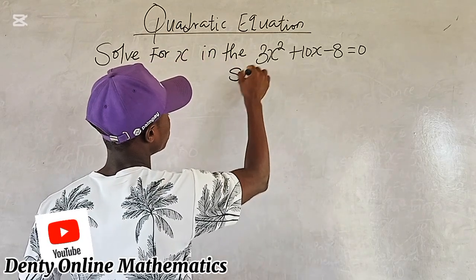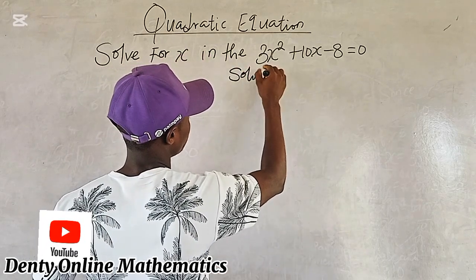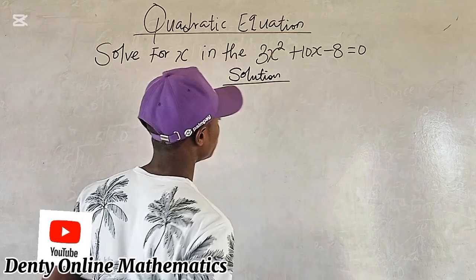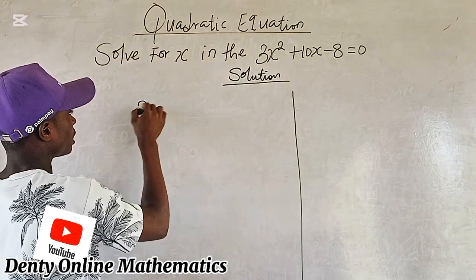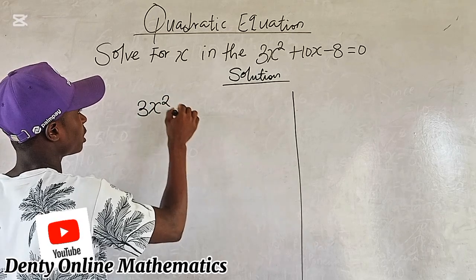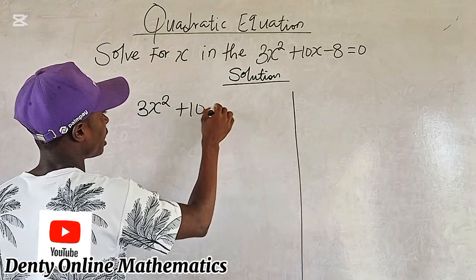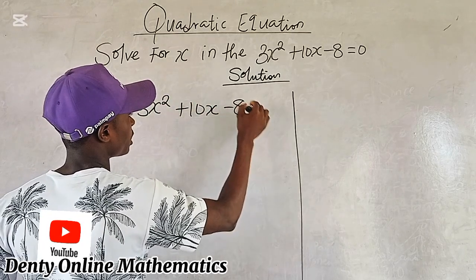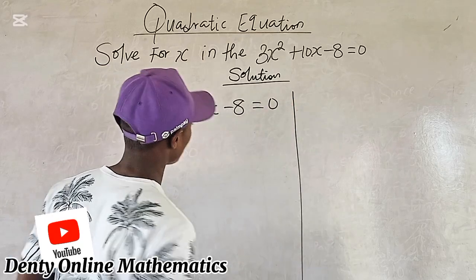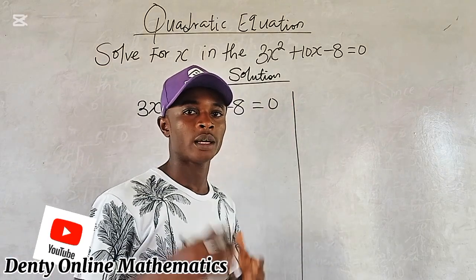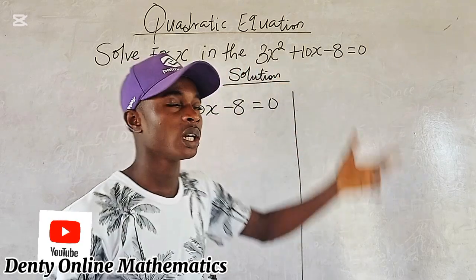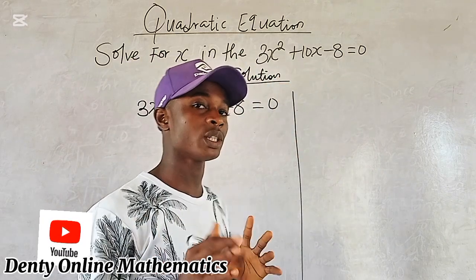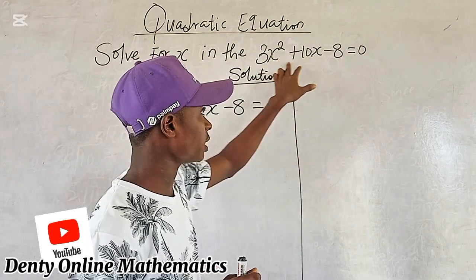Here's the solution to this problem. Now, what we have is 3x squared plus 10x minus 8 equal to 0. When you have to solve for x, you can use any method concerning this quadratic equation.